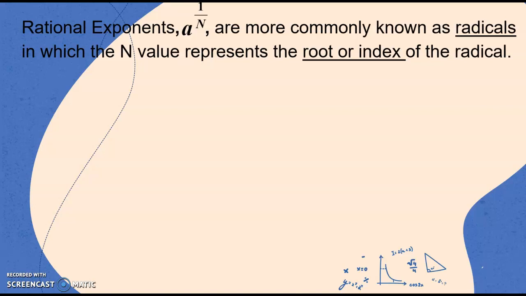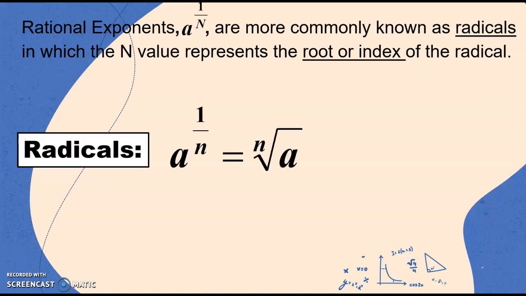So it's just a general form, right? So from rational exponents, we can write these expressions to radicals, in which here is an example: a to the power of 1 over n, which is equal to nth root of a.